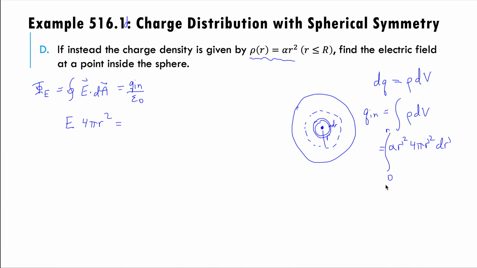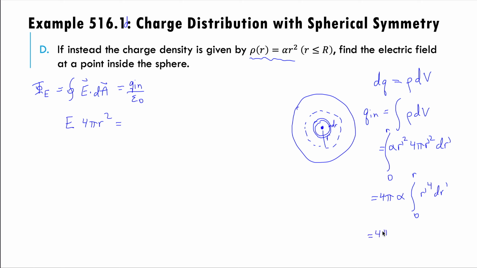All right, so we're almost done. It was a little bit more tricky here because we had to figure out what this charge enclosed is. We can take out the constants, 4 pi alpha, and we're integrating from 0 to r, and we have r prime squared times r prime squared, so we have r prime to the fourth dr prime.